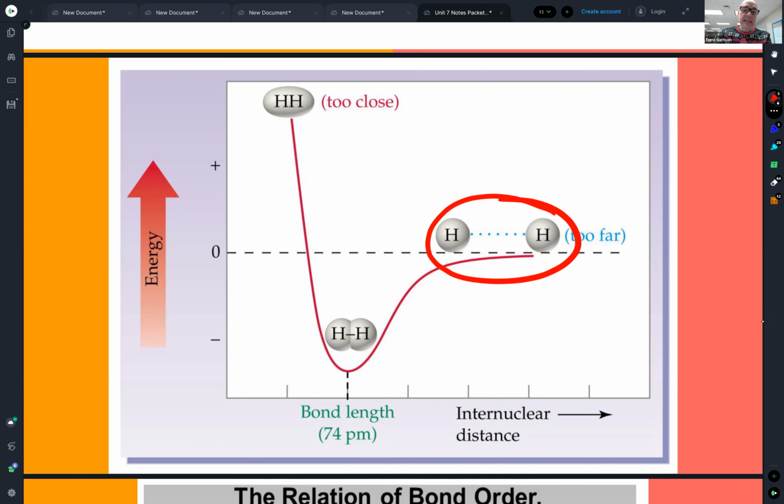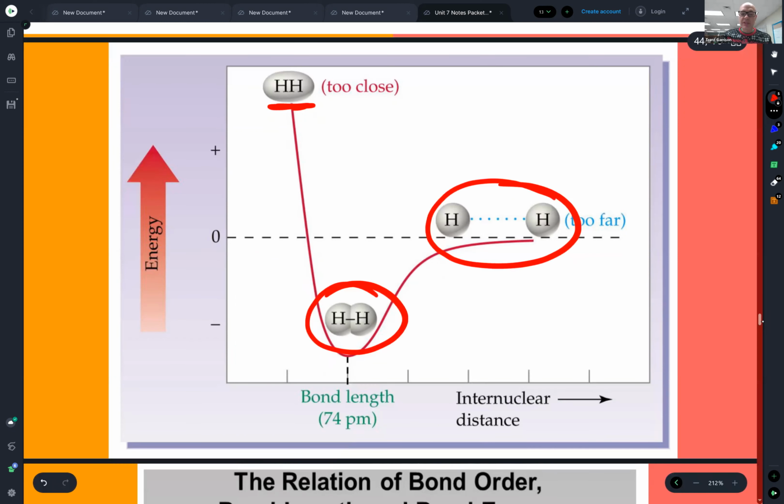So it doesn't take any energy for us to break these 2 atoms apart when they're too far apart. However, it is going to require us some energy whenever they are bonded together. And if they are too close, we have to add a lot of energy. And so that's what these charts are trying to seemingly show to you.